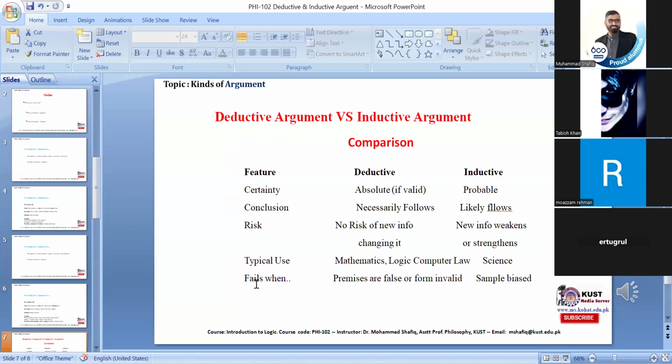So if we compare the deductive argument with the inductive argument, the feature of certainty in a deductive argument is absolute. Obviously, if valid, if the premises support the conclusion, then the certainty is absolute.